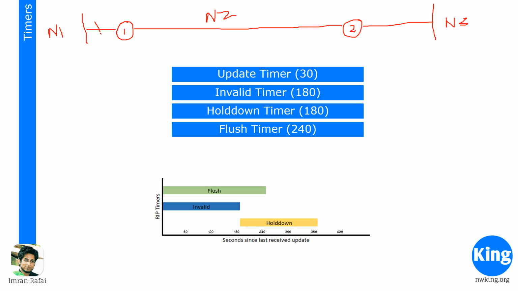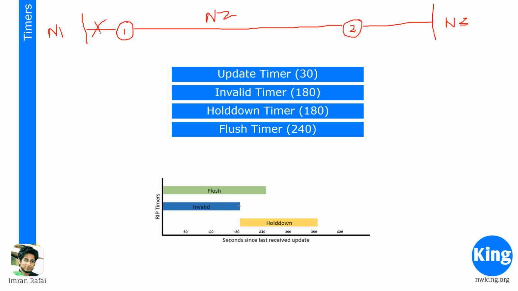Now let's say for some reason this link breaks. So router 1 does not know anything about network 1. The next time router 1 tells router 2, it only updates about network 2, right? So router 2 says, okay, this network 1, I'm going to put it in the invalid timer because I did not get any updates about it. So the invalid timer starts, for 180 seconds.